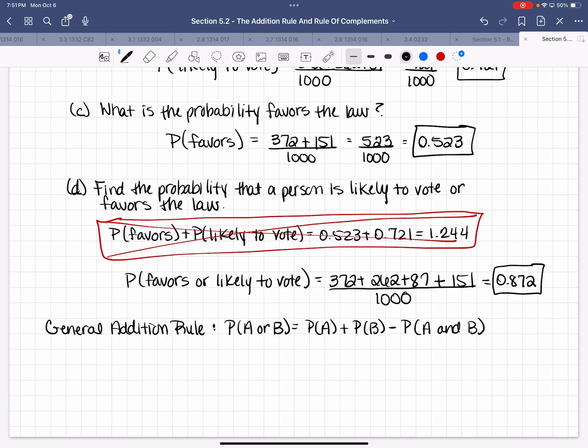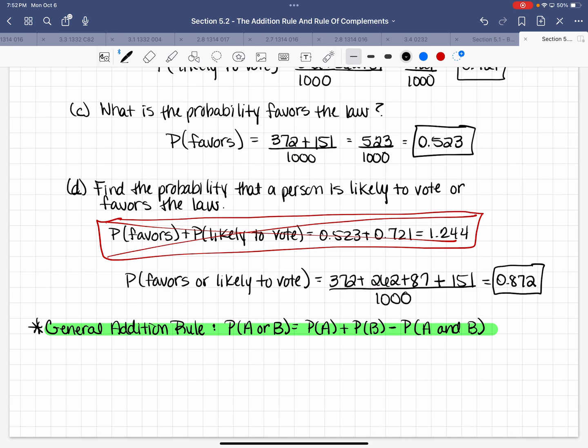He's the one that caused the problem. He was both. The 372 people that favored and were likely to vote, they were the problem. They got counted twice. We have to subtract them back out one time. This is a very important rule.